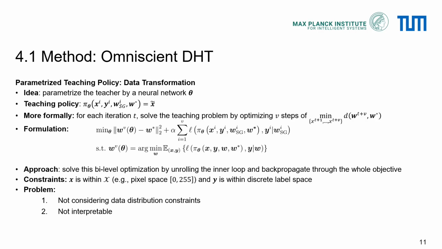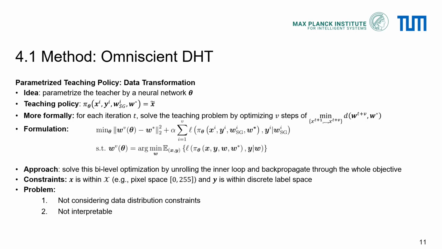The teacher basically takes as input the data label pair, the current status of the student model, and the W star, and tries to learn a nonlinear mapping from ground truth data to some x tilde, and basically is trying to solve this nested optimization problem. We solve this problem by performing algorithm unrolling and by propagating through the whole objective to update our teacher model.